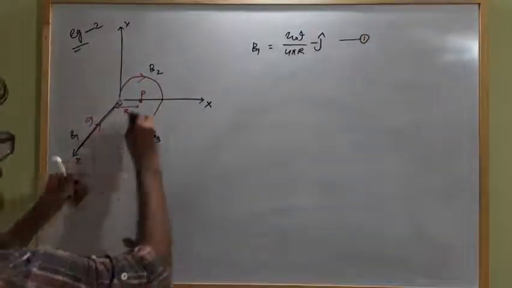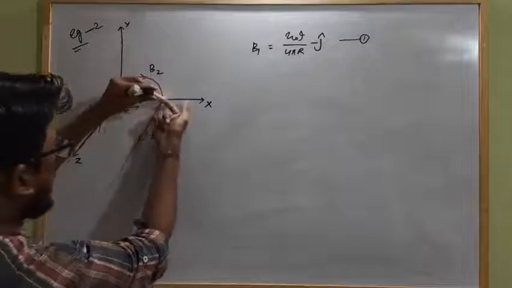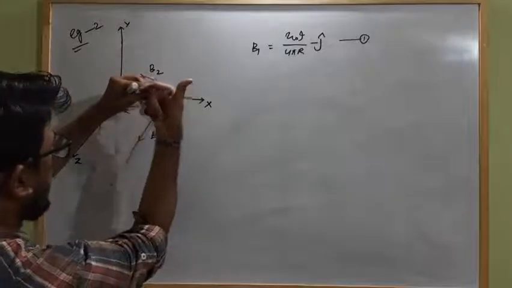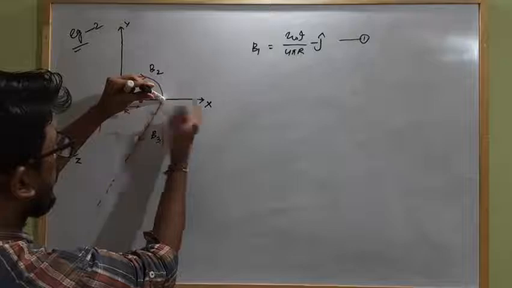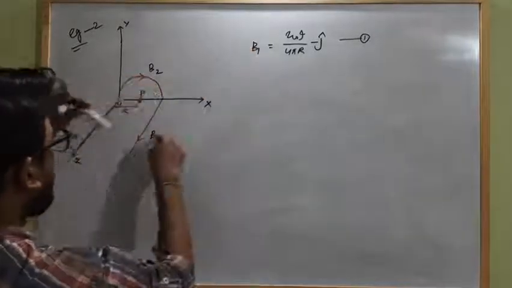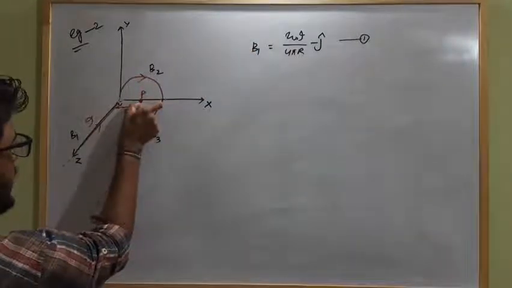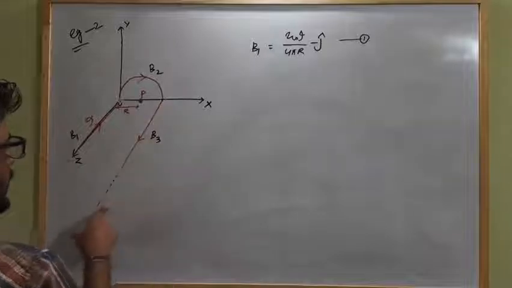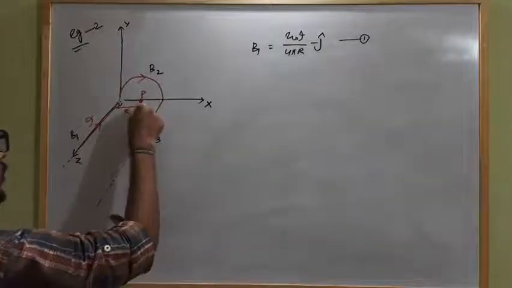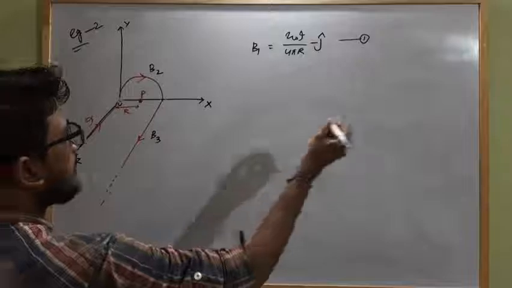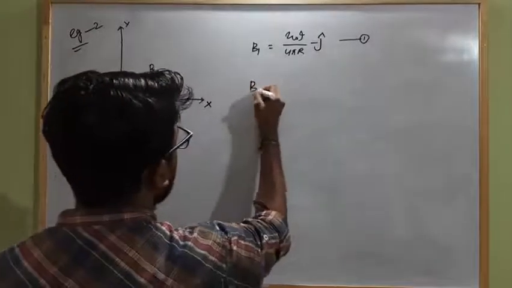Similarly, for this segment here, the current comes outward. Clear? So if the current comes outward, similarly for B1, B3 will be the same as this distance will be again R, and this is an infinite long straight conductor and the point of observation is close to one end. Again B3, right here, will become how much?